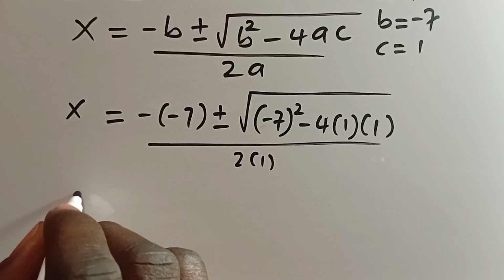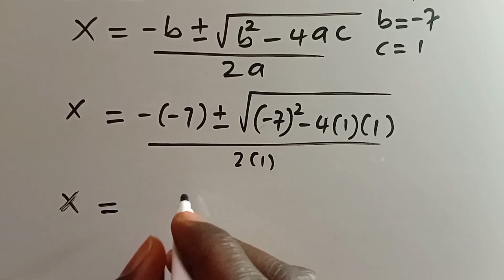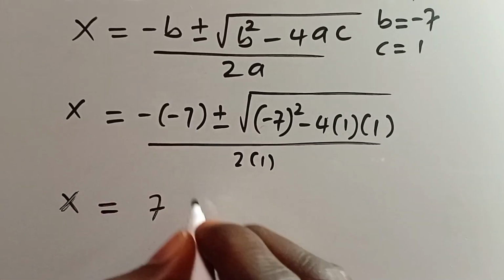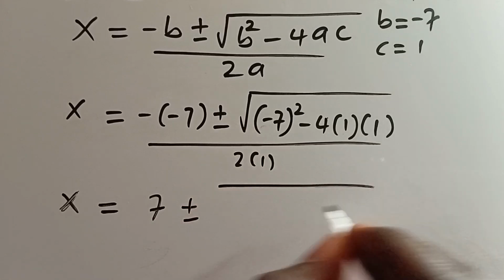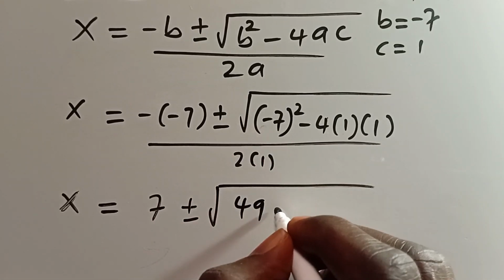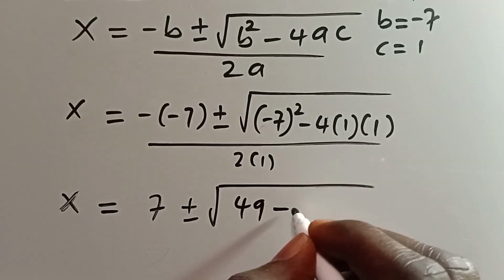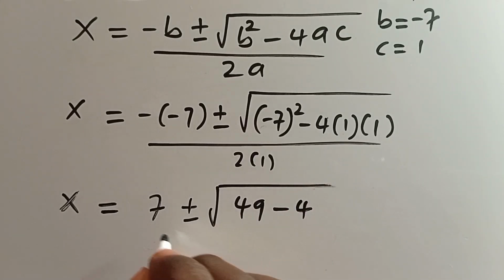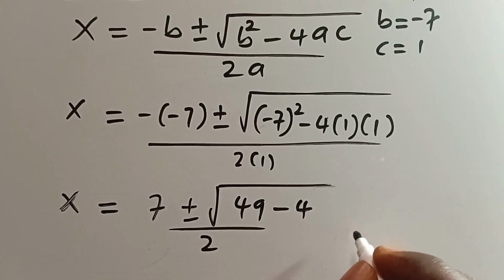So from here we have x equals 7, because minus and minus will be plus, positive or negative, square root of 7 squared, which gives us 49, minus 4 times 1 times 1, which gives us 4, then divided by 2.